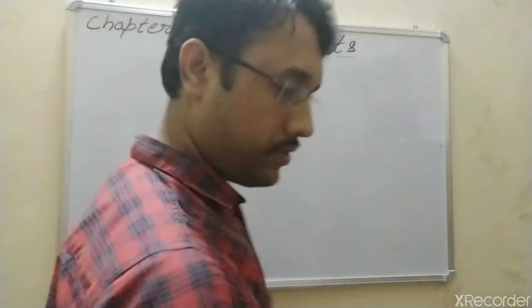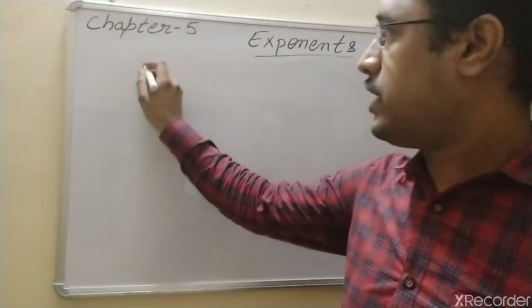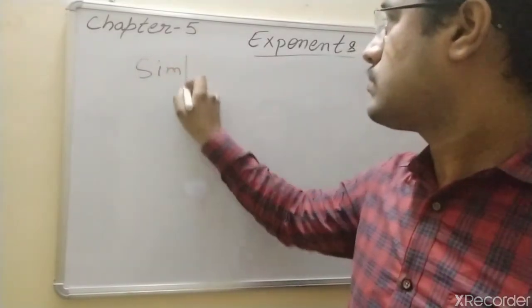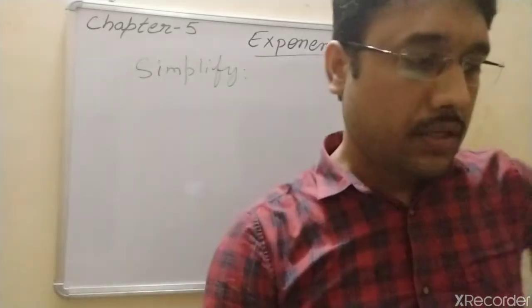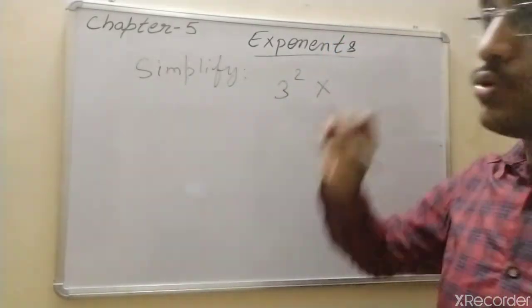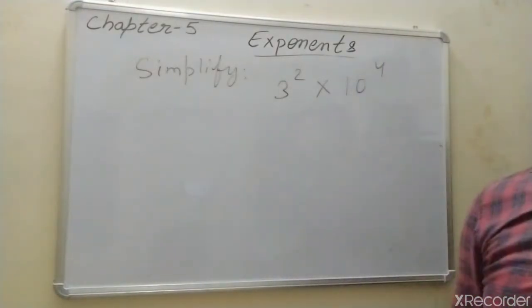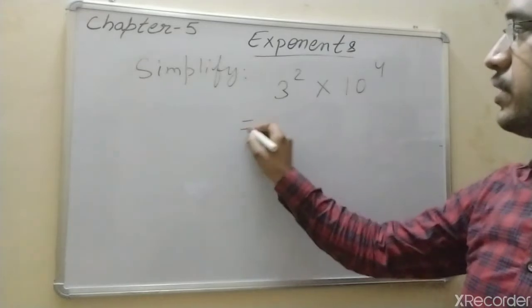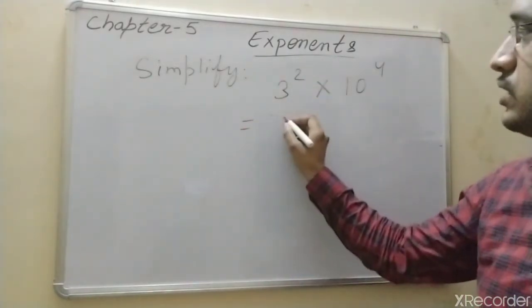You see that given questions, it is given in NCERT that simplify that. Expression is given 3 square into 10 to the power 4, and write them as a rational number, that means simplified value. So 3 square is 3 into 3 you will do, that is 9.